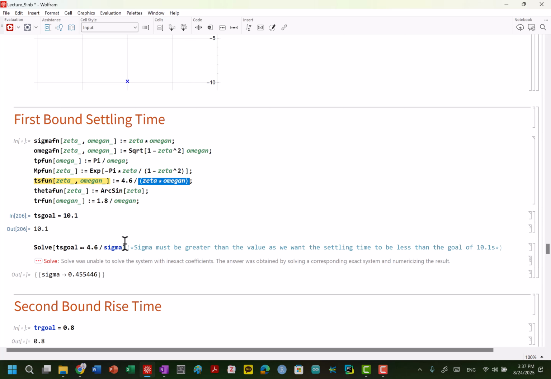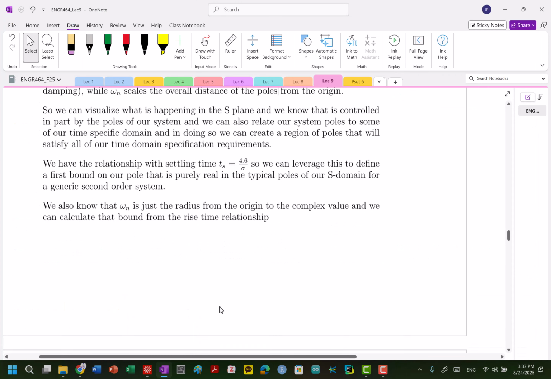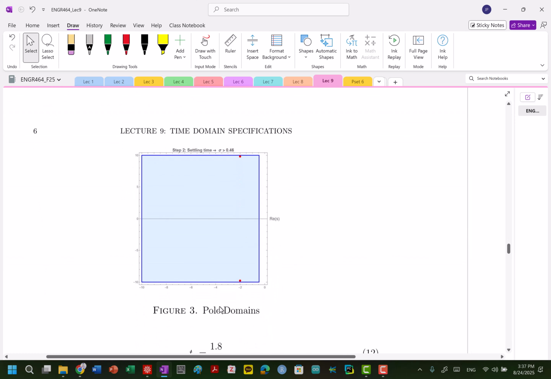So I can set a bound on sigma. If I have to have a settling time of less than 10.1, I need sigma to be greater than 0.455.